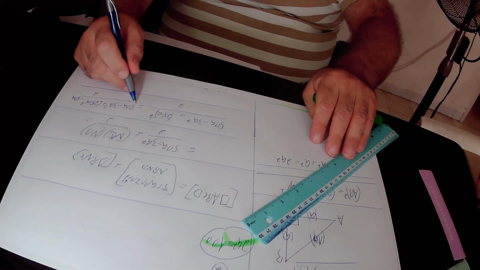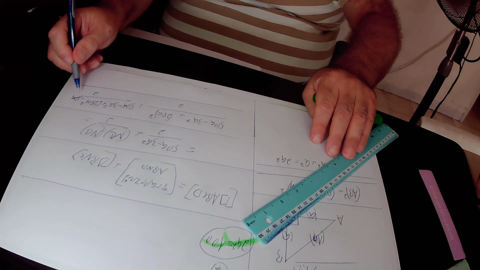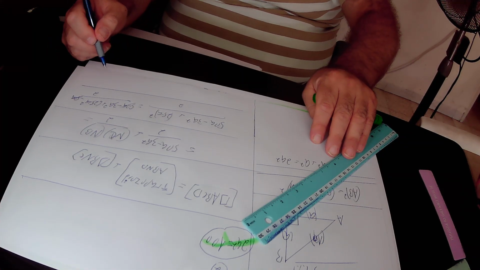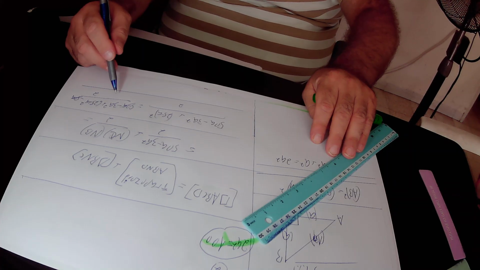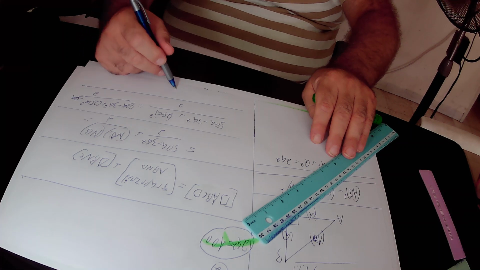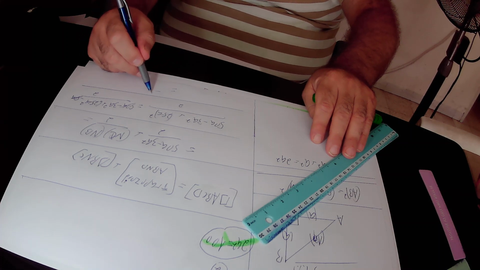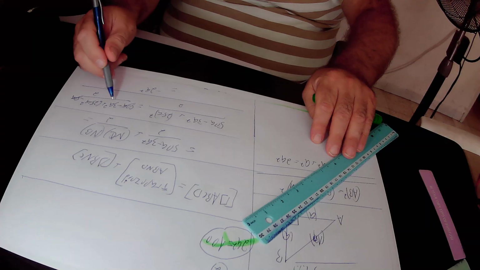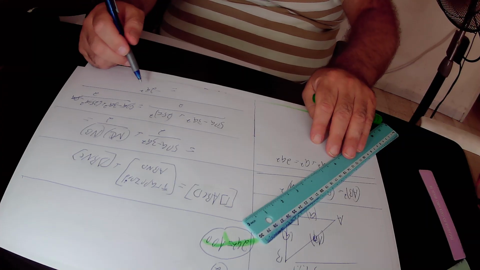Plus 50A minus 50A is 0, so those two expressions get cancelled, and we're left only with minus 3A squared plus A squared, which is minus 2A squared, plus 625.